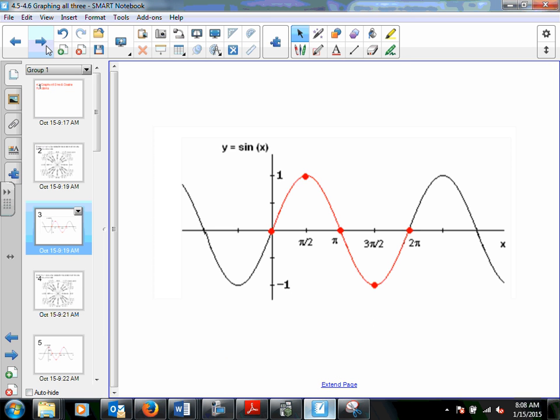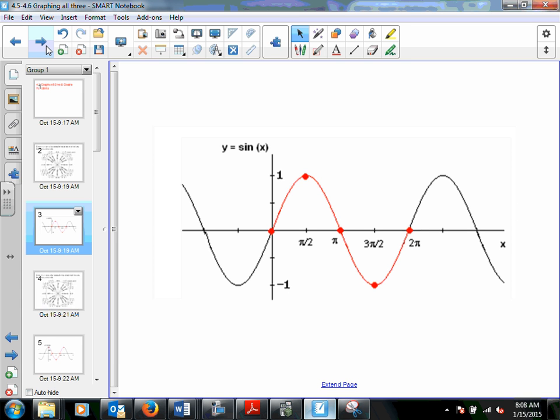Write it down. Y equals sine of x is this graph. Okay. What you need for sure are these 5 points on your coordinate plane.